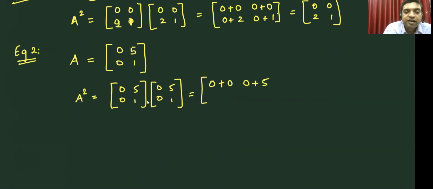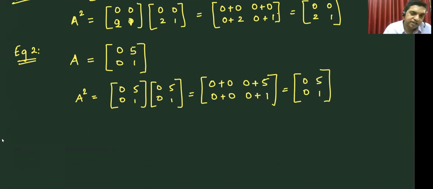The second row gets multiplied by the first column, 0 plus 0. The second row gets multiplied by the second column, 0 plus 1. So again you get 0, 0, 5, 1. So this is also an example of an idempotent matrix.